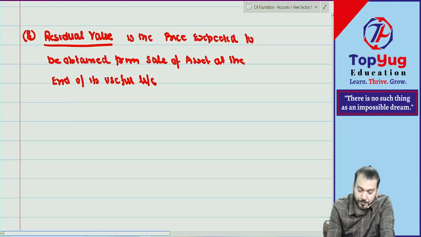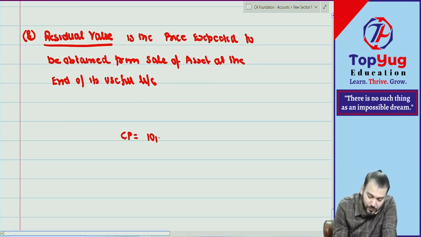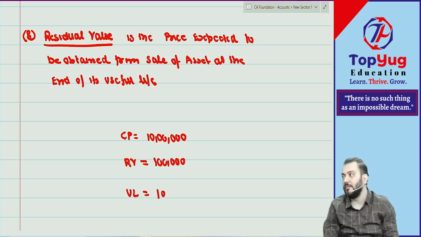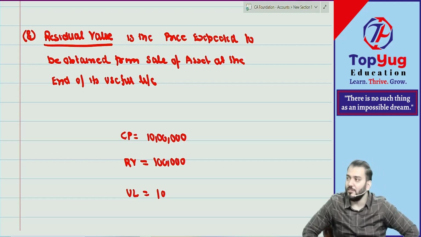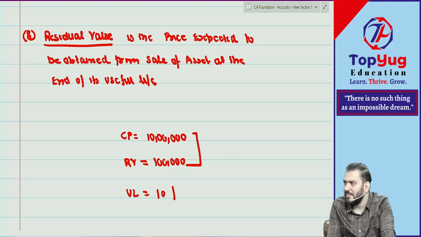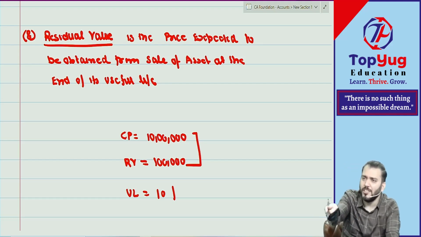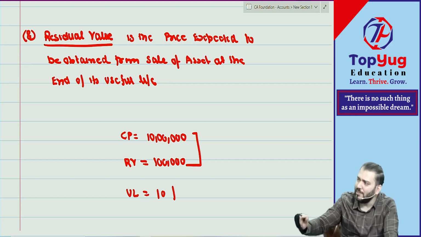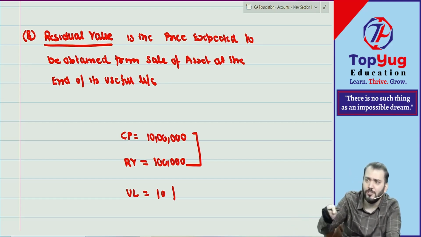Now my question to you all: suppose the cost price of the asset is 10 lakh, the residual value is 1 lakh, and the useful life is 10 years. Will you depreciate 10 lakh or 9 lakh? 10 lakh is the cost, but how much do you recover at the end? 1 lakh. So you should depreciate during the useful life only 9 lakh.